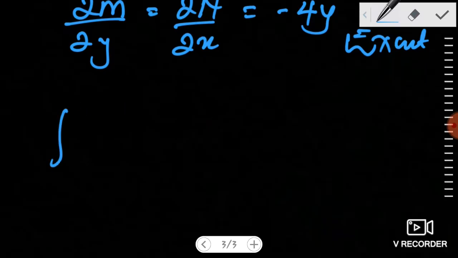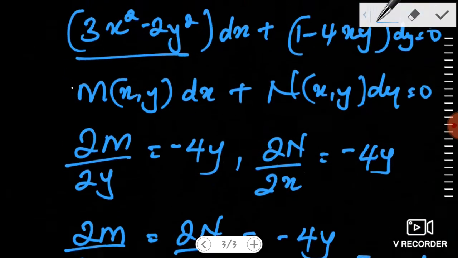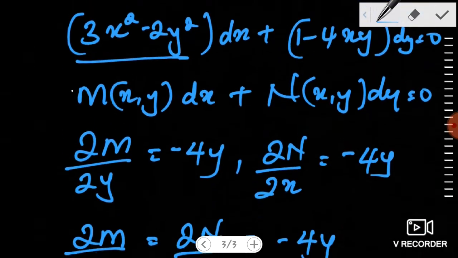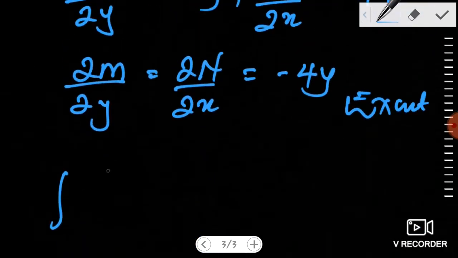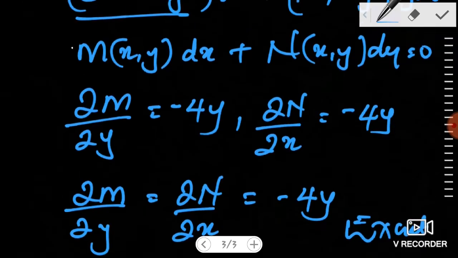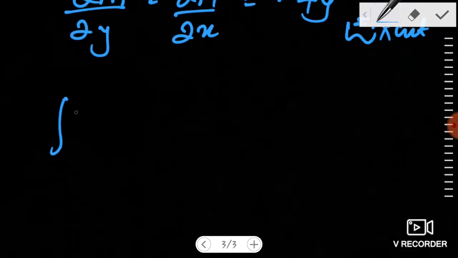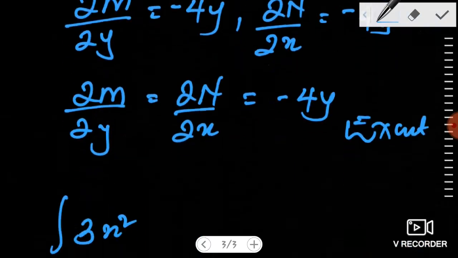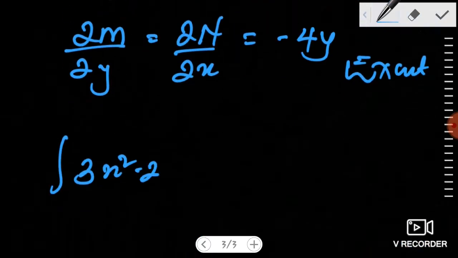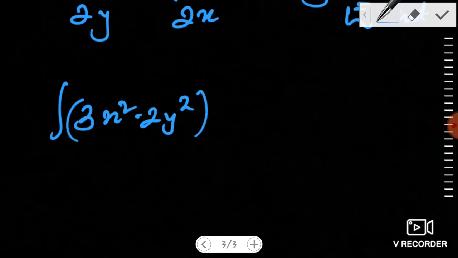Now, if we integrate, our M was 3x squared minus 2y squared, and we're integrating this with respect to x.